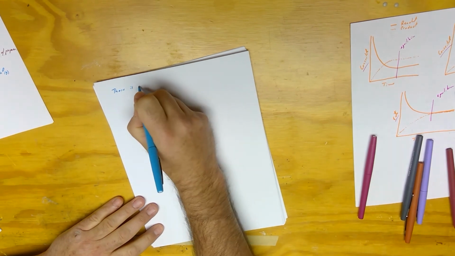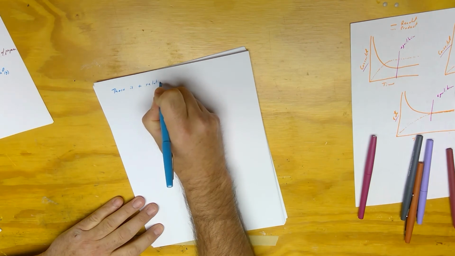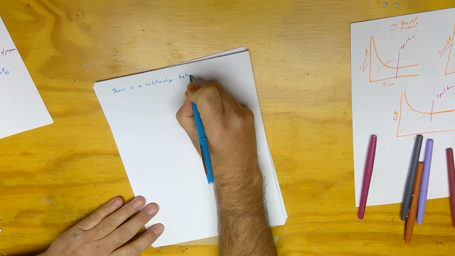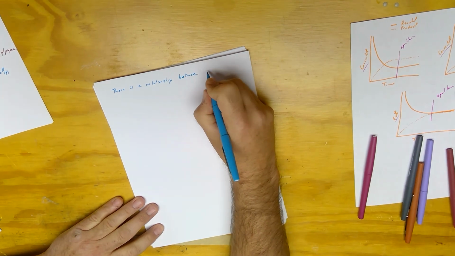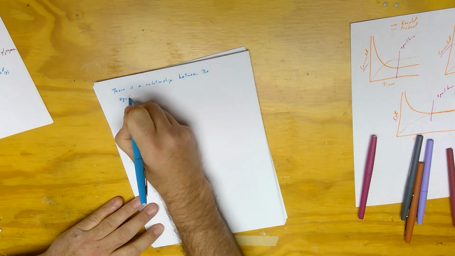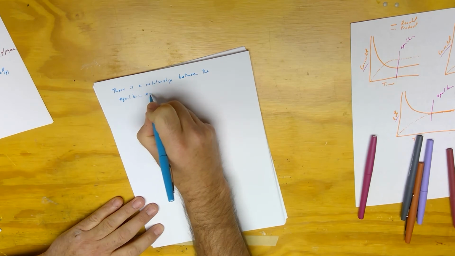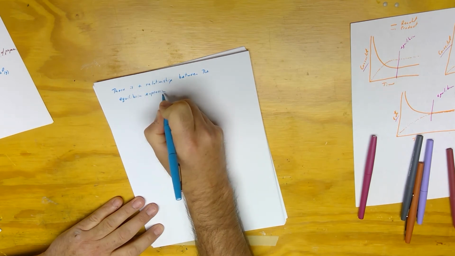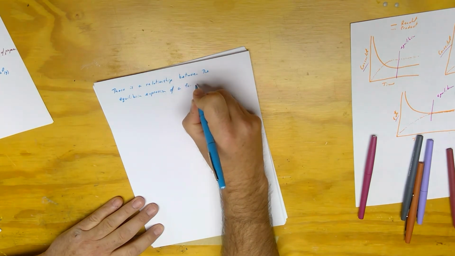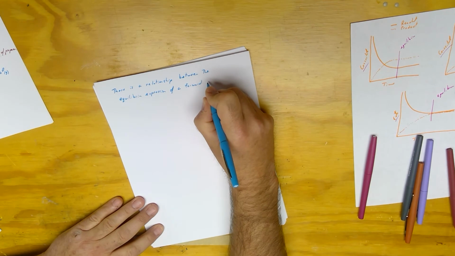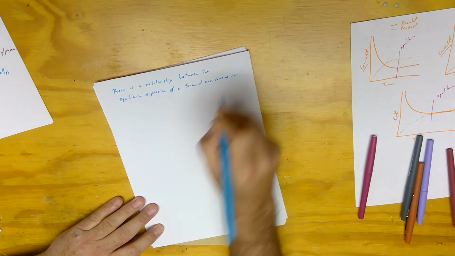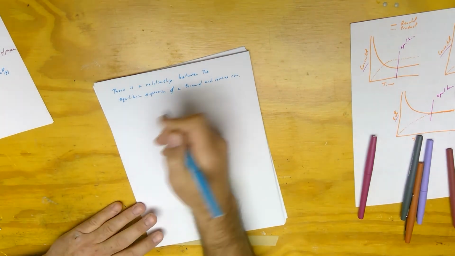There is a relationship between the equilibrium expression of a forward and reverse reaction. All right, so let's explore this a little bit.